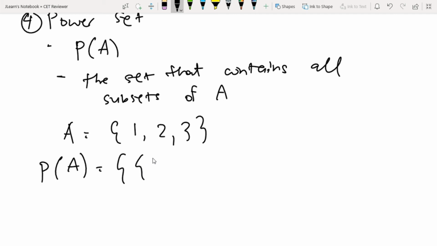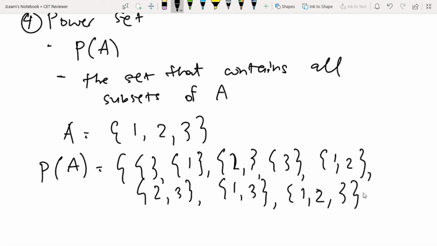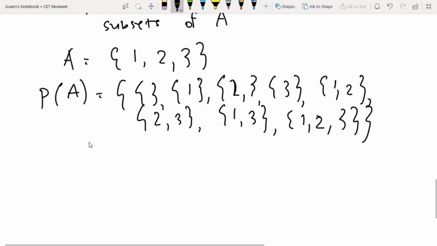So we have the empty set, then the sets with one element each: 1, 2, and 3, and then the sets of pairs: 1, 2, 2, 3, and 1, 3. And then the set itself: 1, 2, and 3. Okay, so that is the power set: basically, the set of all subsets of the set itself.